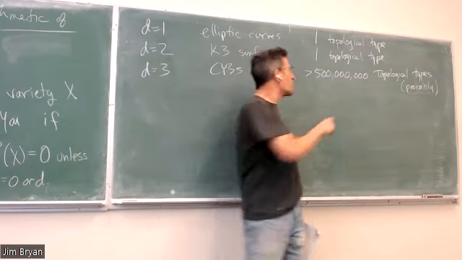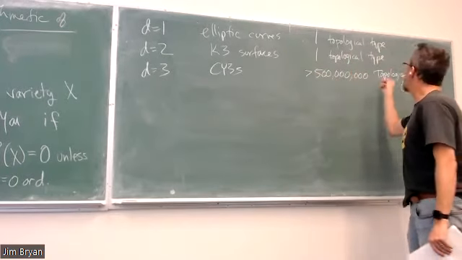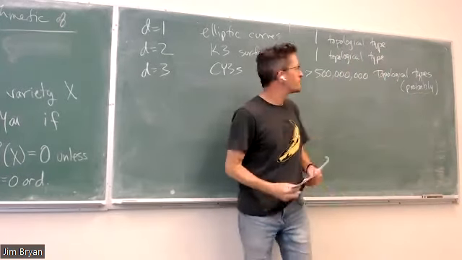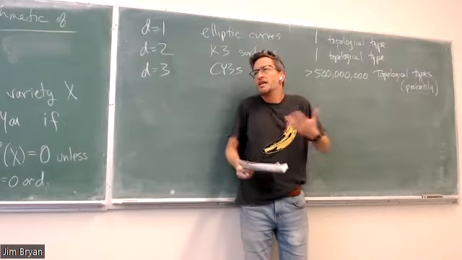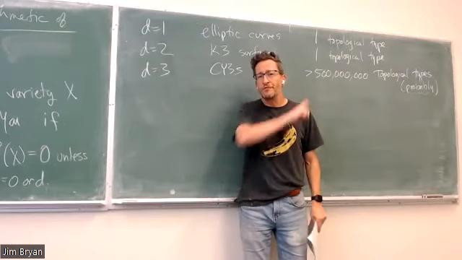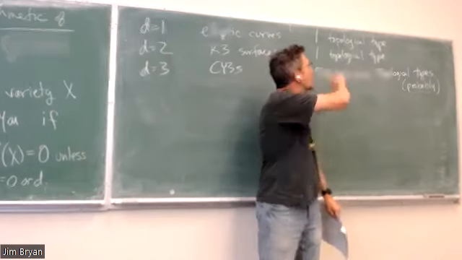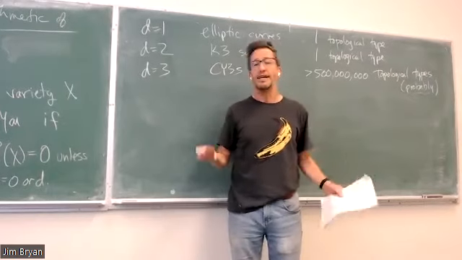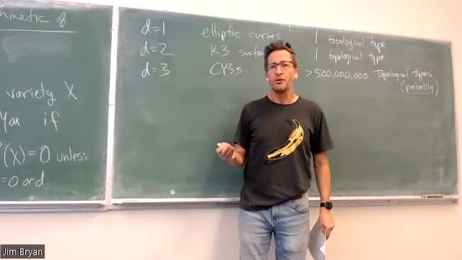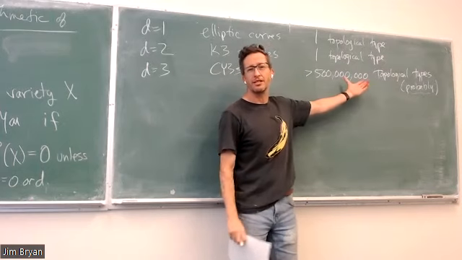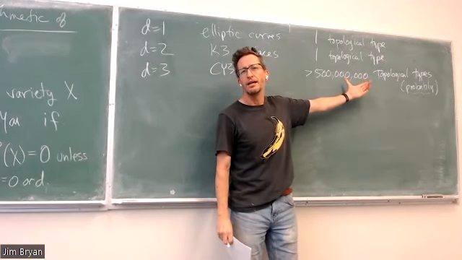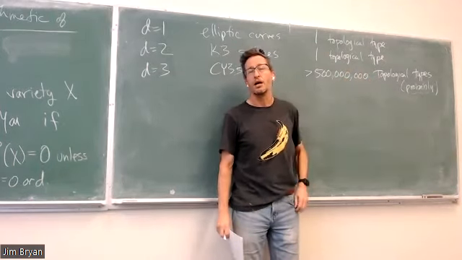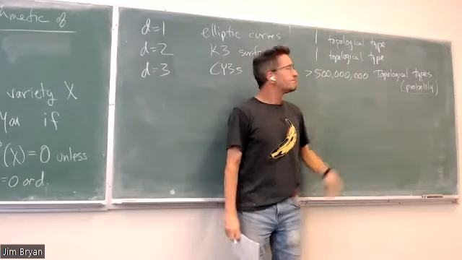And moreover, this estimate is coming from one class of constructions. There are a lot of constructions out there. We don't even know if the number of topologically distinct types is finite or infinite. So there's already an interesting problem of thinking about the possible topologies of Calabi-Yau threefolds.